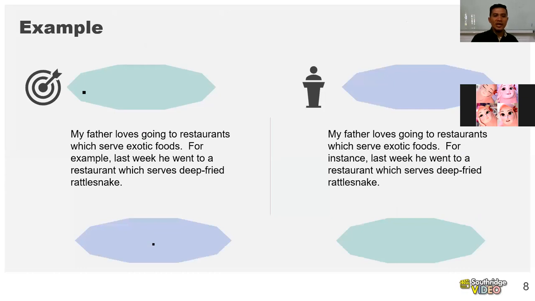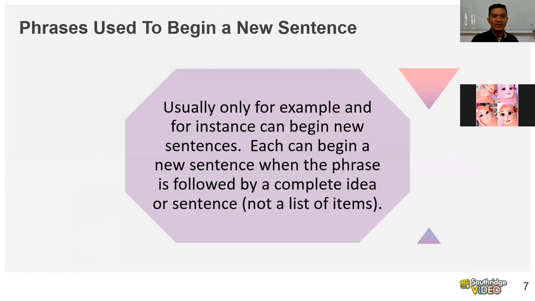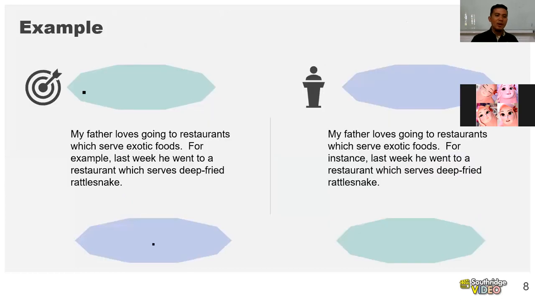Here is an example of a phrase that begins a new sentence. My father loves going to restaurants which serve exotic foods. Full stop. So this is what we call a new sentence, the beginning of a new sentence. For example, comma, last week he went to a restaurant which served deep fried rattlesnake. Why is it like this?